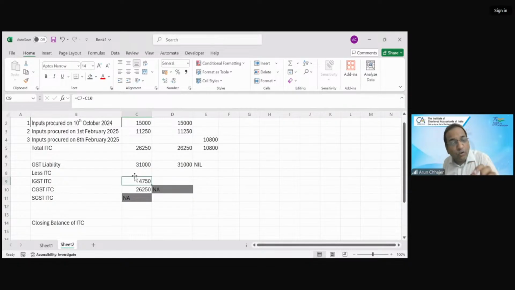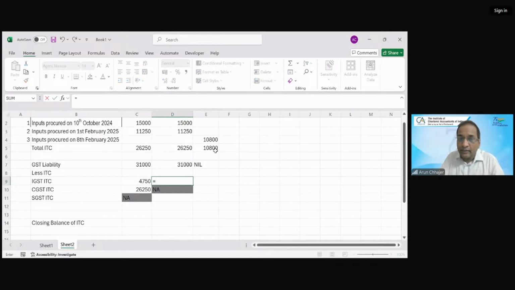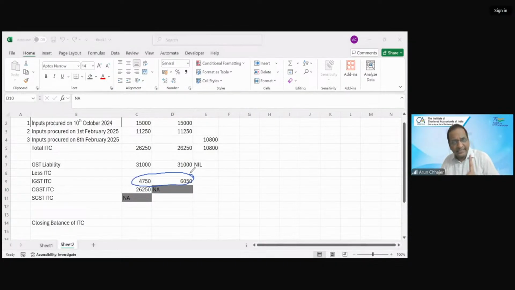I will give only 4,750 to C and the balance amount, total 10,800, I will give to S. Is it acceptable? अगर मैं इस तरीके से allocation करता हूं, is that acceptable? Is it correct? According to law, is it correct? Answer is correct. What is the requirement of the law?